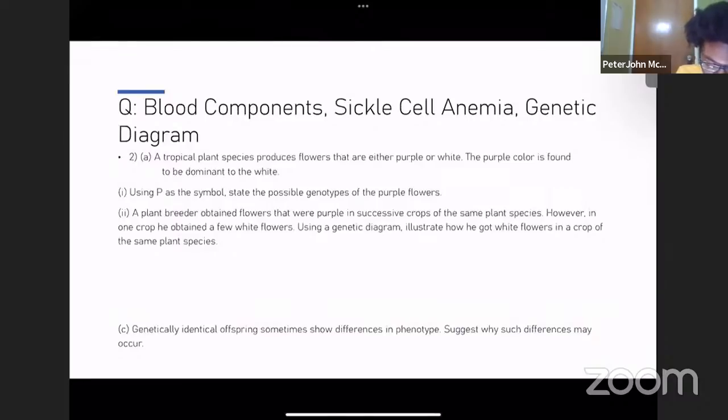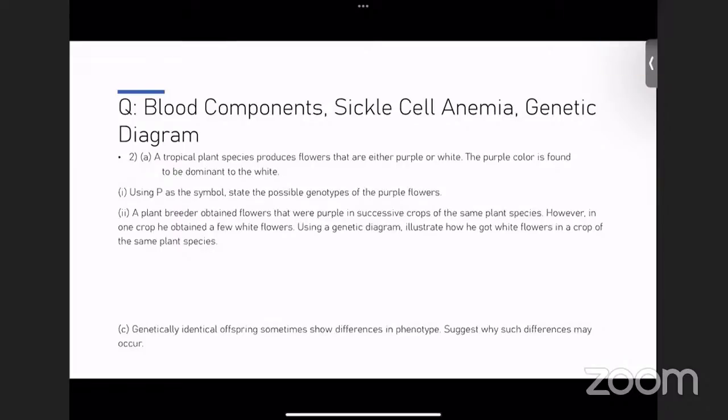So let's do this one now. Can someone read, please? A tropical plant species produces flowers that are either purple or white. The purple color is found to be dominant to the white. Using P as a symbol, state the possible genotypes of the purple flowers.